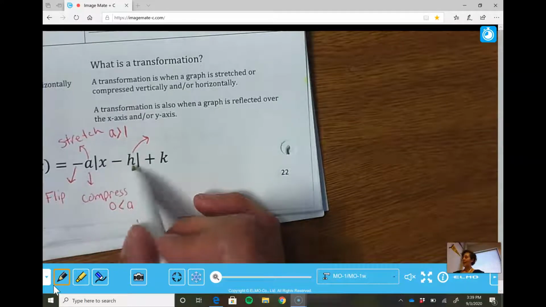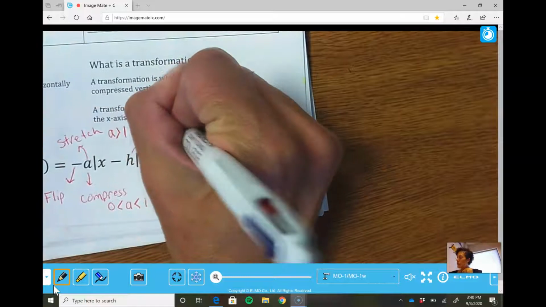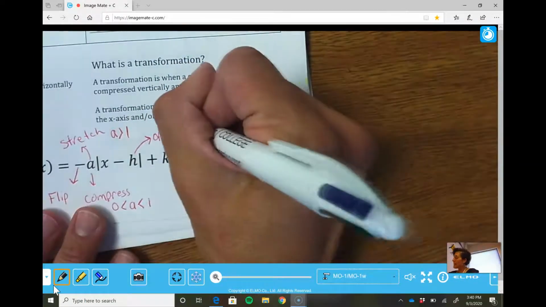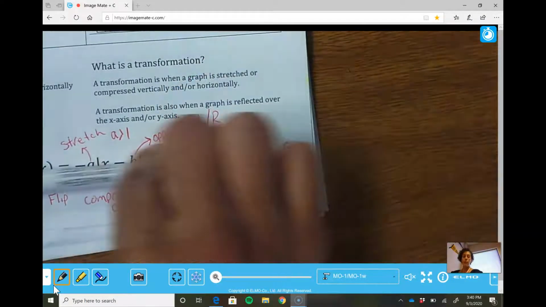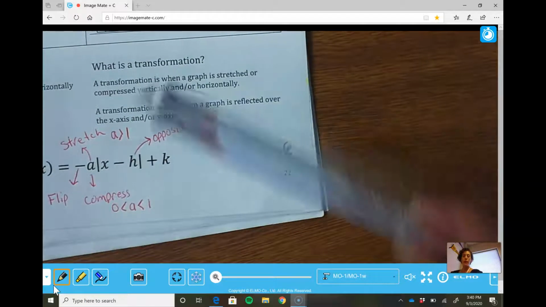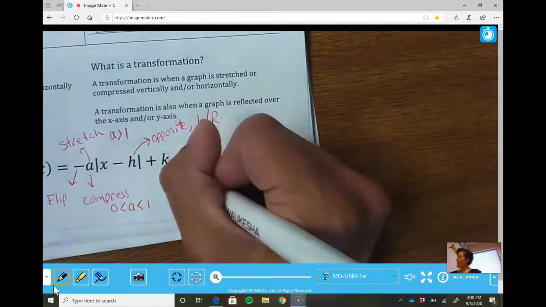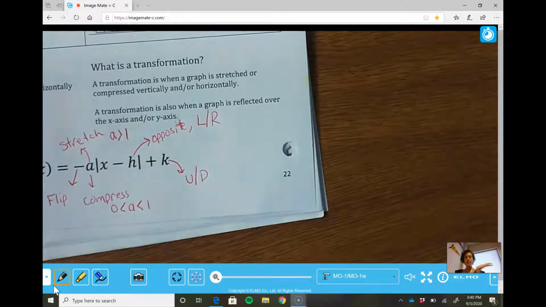What I do is I just take the opposite of H, and then that's going to tell me to move left or right. So move the shape left, move the shape right, but you got to do the opposite first. And then K, you're going to leave K as is, and that's going to tell you to move your shape up or down. Got it?